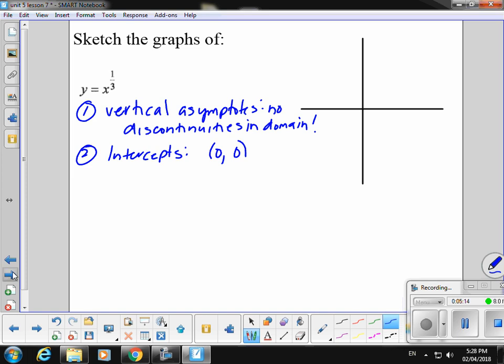Number 3 and number 4 is my first derivative test. I am looking where my derivative is 0 or undefined. So let's find the derivative of this thing.